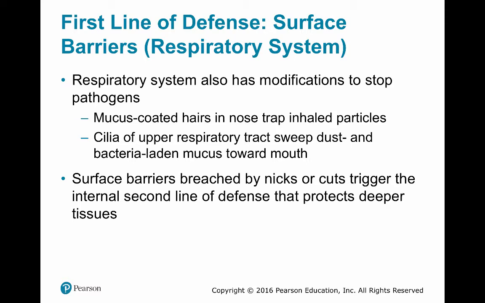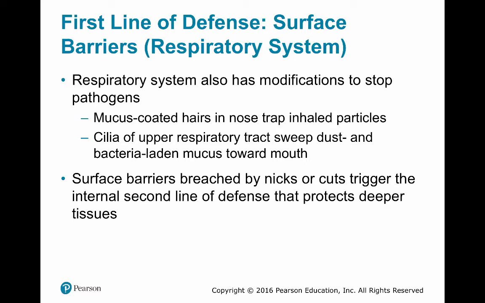So like I said, surface barriers, we were talking about that on the skin, and the respiratory system, just to focus on that for a second, because a lot of what we were focusing on a minute ago was generally the external skin, or the skin overall. On top of the attributes that skin or mucous membrane has, the respiratory system also has modifications to stop pathogens.